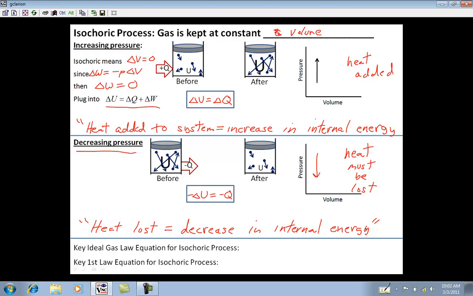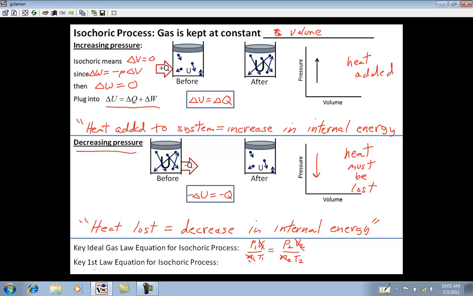The key ideal gas law equation for isochoric: P1V1 over N1T1 equals P2V2 over N2T2. What do I get to cancel from that? I get to cancel out the V's and the N's.